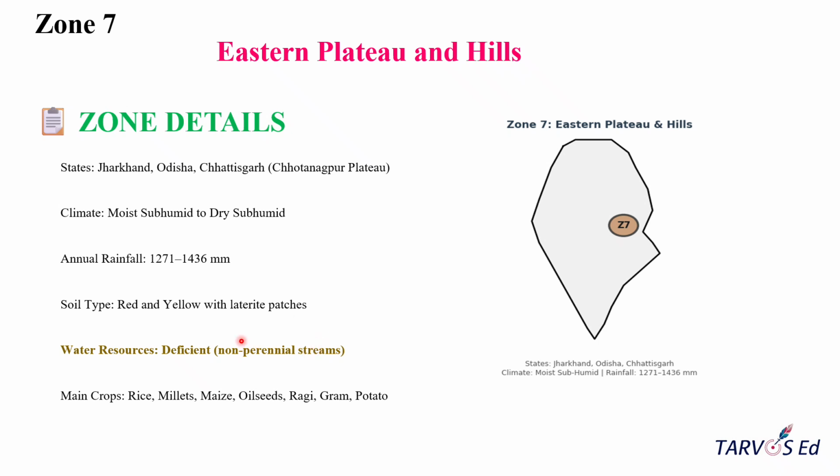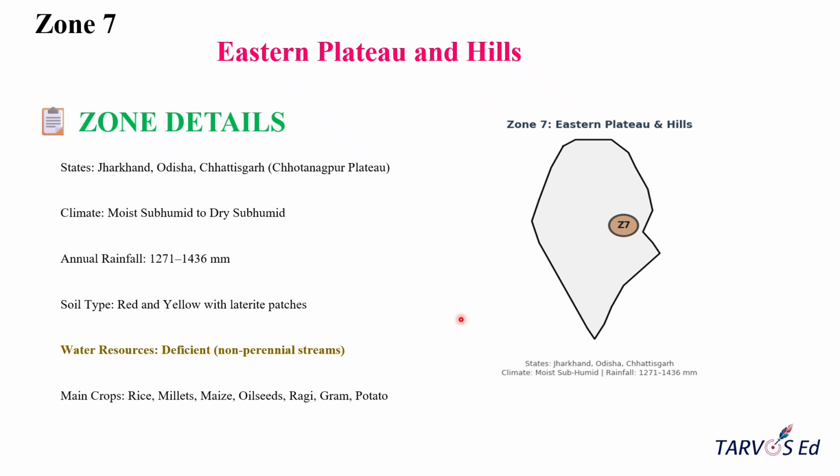Okay, so farming depends heavily on monsoon. So the main crops grown here are rice, millets, maize, oilseeds, ragi, gram, and potato. So it is mostly rain-fed agriculture with a focus on coarse grain and pulses. Okay, so even though the rainfall is decent here, the soil and water situation still make it much less productive than other regions.